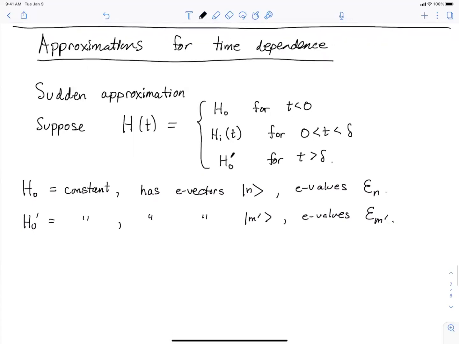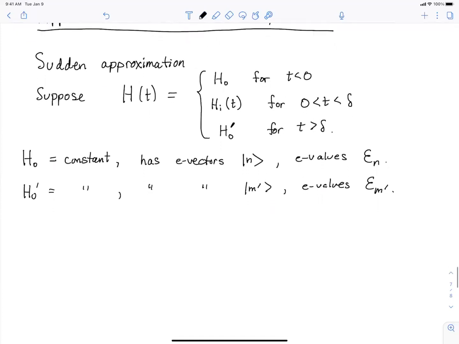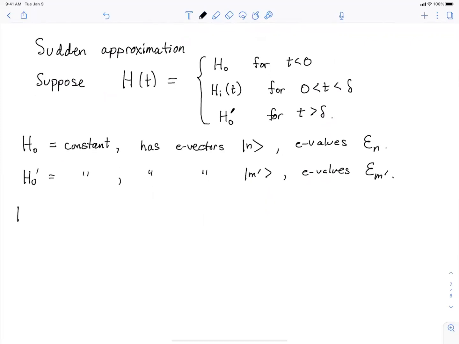And so the good thing about that is that for early times and late times, we know how the state evolves. Okay, and so let's write that down. We know that because we know how stationary states evolve and we know what the stationary states are. So for t less than 0, the state as a function of time has to be some linear combination of the energy eigenstates.